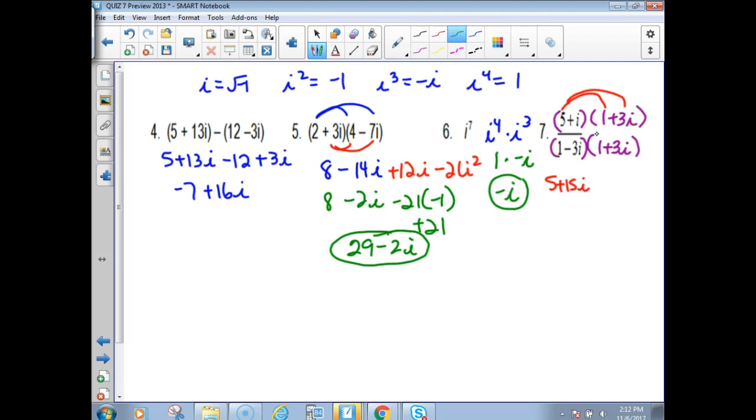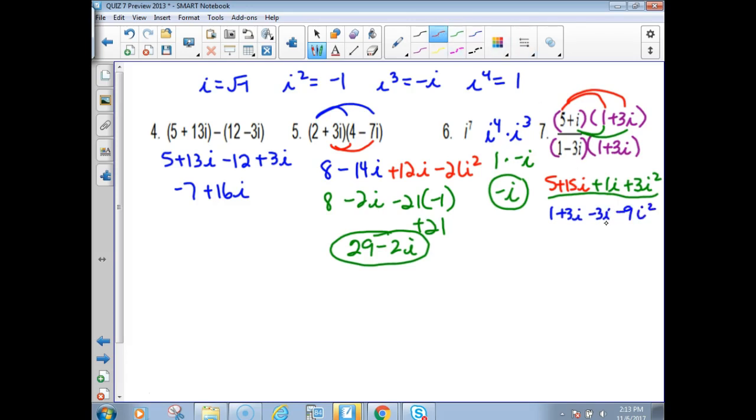I multiply i times the two terms in the second parentheses to get plus 1i. And i times 3i would be plus 3i squared. All right, in the denominator, 1 times 1 is 1 plus 3i, and then minus 3i minus 9i squared.